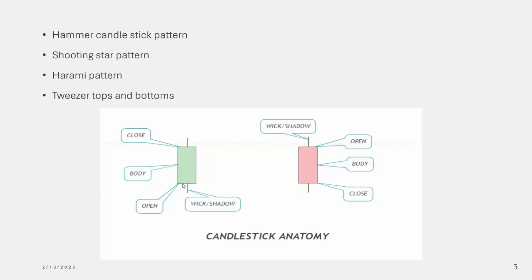This is the opening price. This is the closing price. But before closing there, it also went up again, then came back. This wick simply shows you where the price has been before this candle closed.